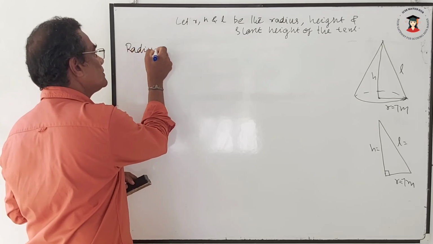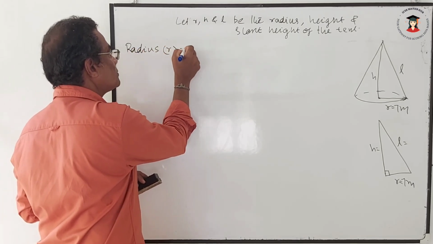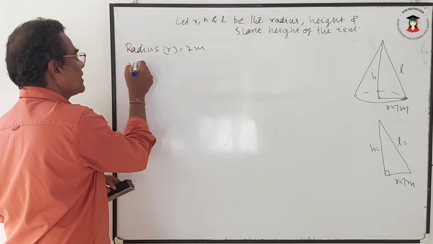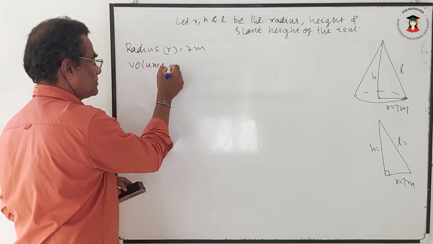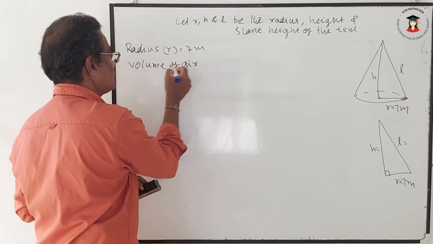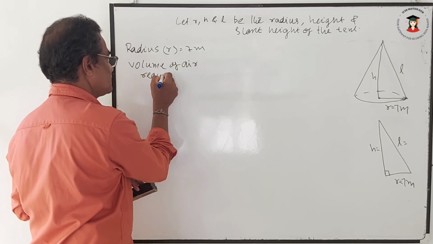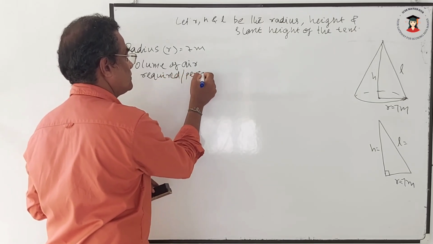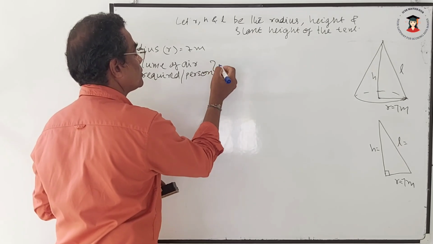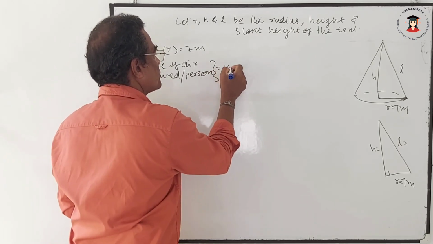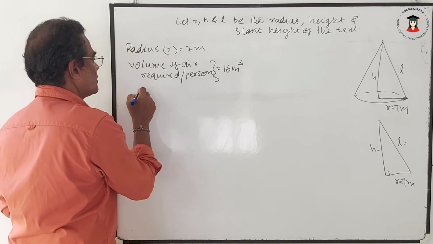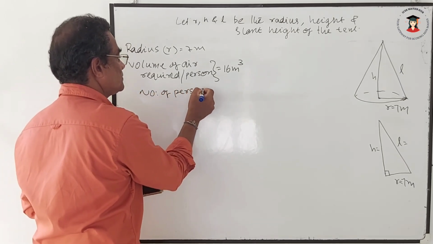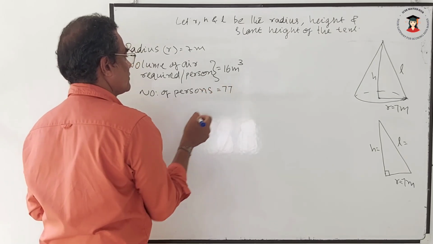Radius r equal to 7 meter. Volume of air required per person equal to 16 meter cube. Number of persons equal to 77.